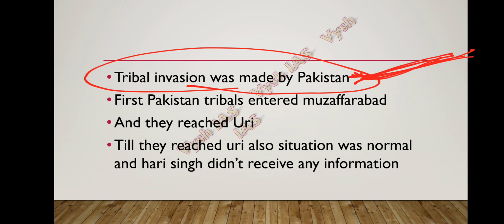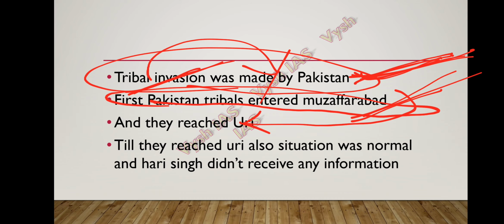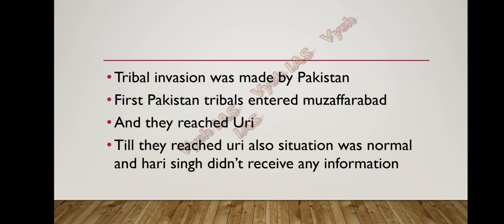People of Pakistan were dressed like tribals. They entered the Indian part, that is, Jammu and Kashmir. Initially these tribals entered Muzaffarabad, and from Muzaffarabad they illegally entered the Uri region also.